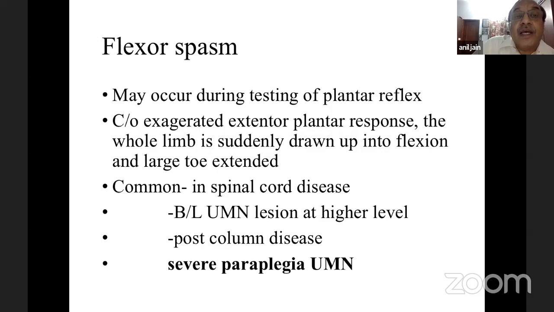What does it denote? It denotes that there is sensory hyperexcitability and motor hyperexcitability. It is generally said that this occurs if severe paraplegia of long standing is there, and on a pathological basis demyelination of tracts has taken place, and that is why there is a cross connection between the sensory tract and the motor tract. So any stimulus, maybe a touch, anything, the whole motor stimulus occurs and the whole limb goes into hyperflexion. So this is the flexor spasm.